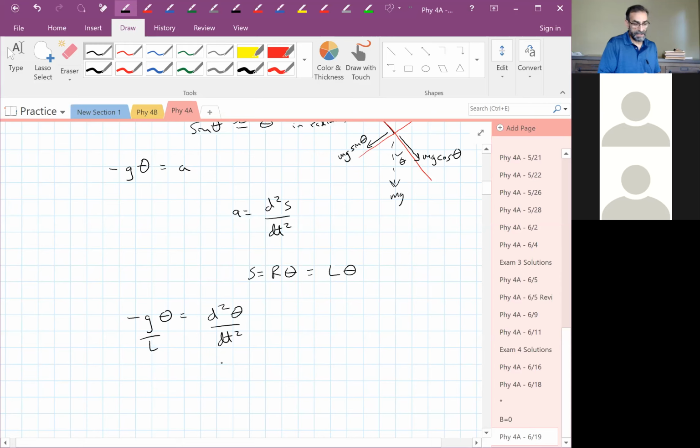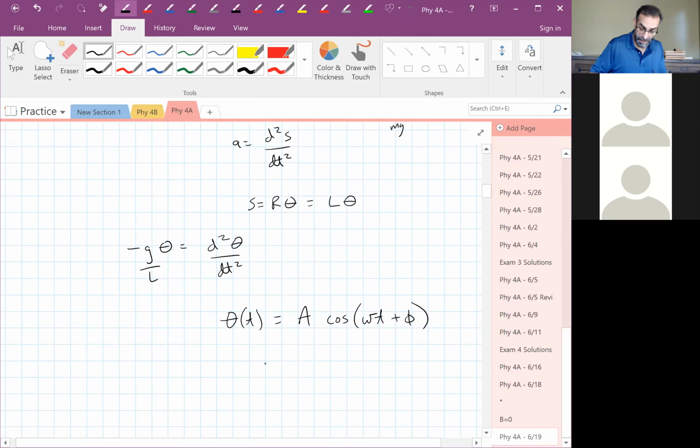Okay, so if we make a small angle approximation, we get this relationship. We can say, oh, this is an easy one. Theta is something times cosine of omega t plus phi.